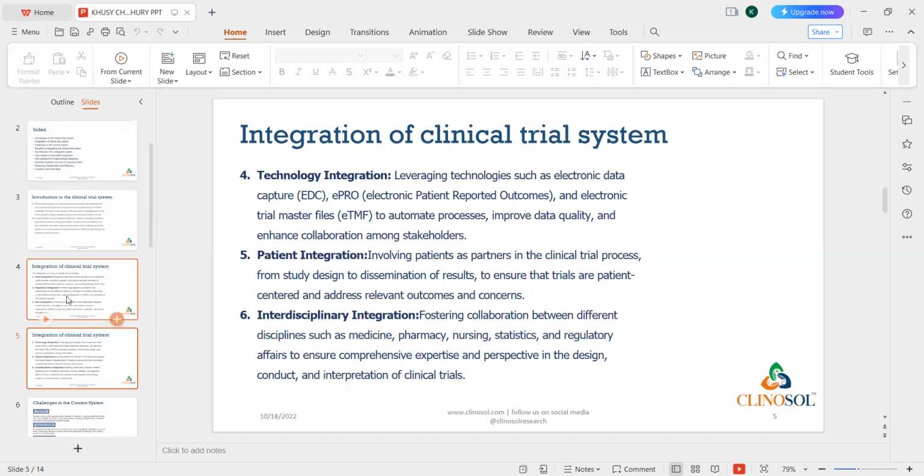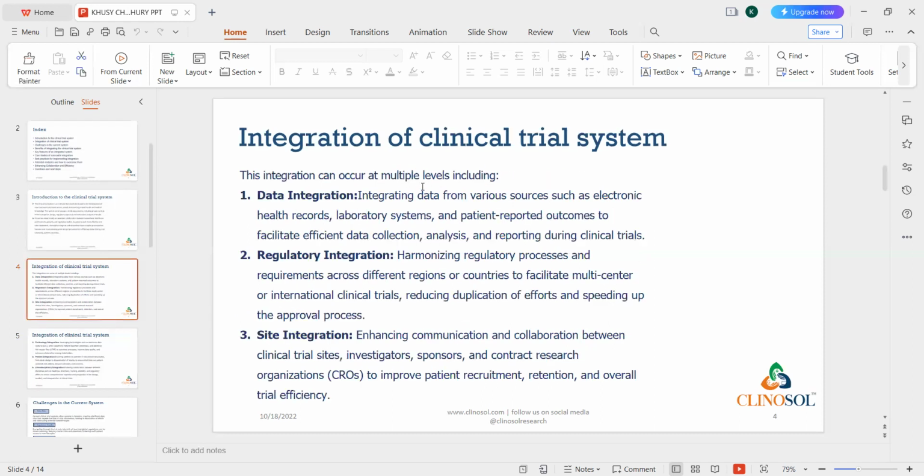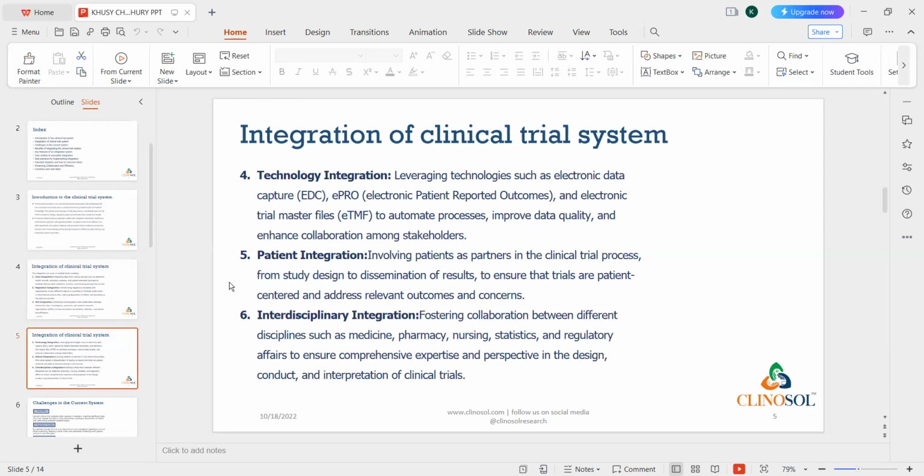These are the levels: data integration, regulatory integration, site integration, technology integration, patient integration, and interdisciplinary integration. Overall, the integration of the clinical trial system aims to enhance efficacy, quality, and transparency in clinical research, ultimately leading to faster development and approval of safe and effective medical intervention.